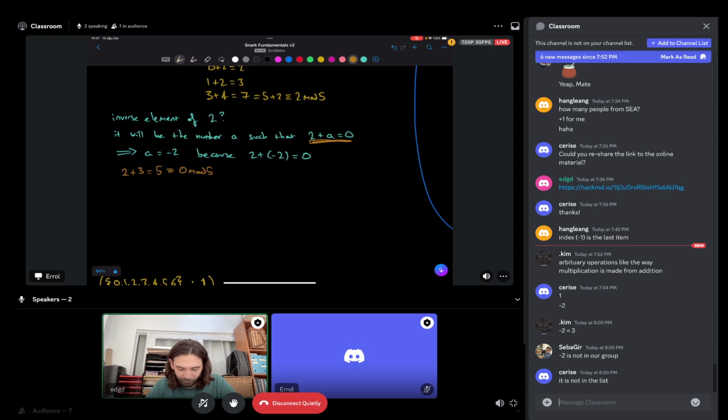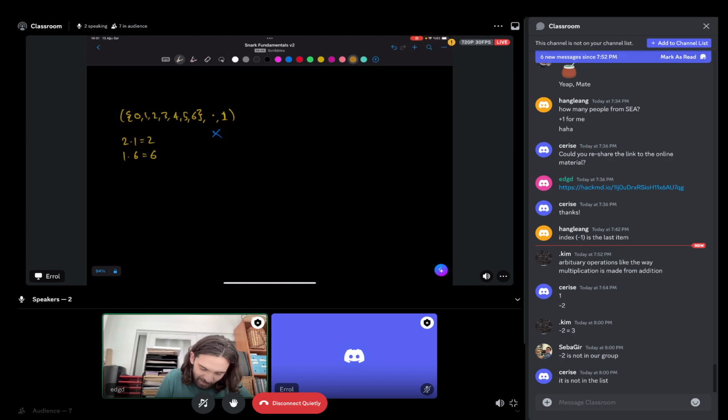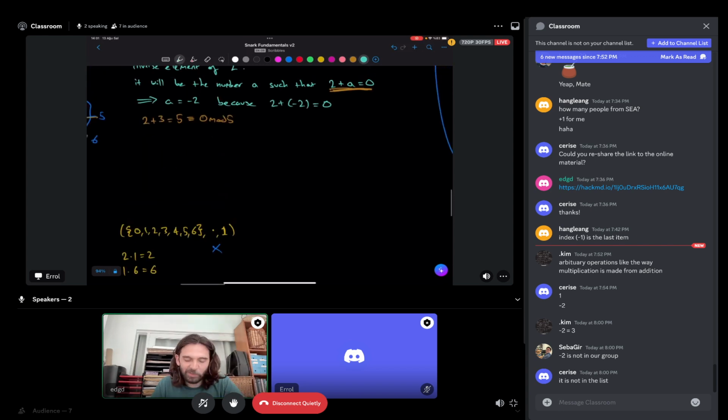Okay, so that's what an inverse element is. Similarly, we can try to do it under multiplication. This isn't a group, but we can still maybe find the right thing. Just before that, let's do some notation quickly.